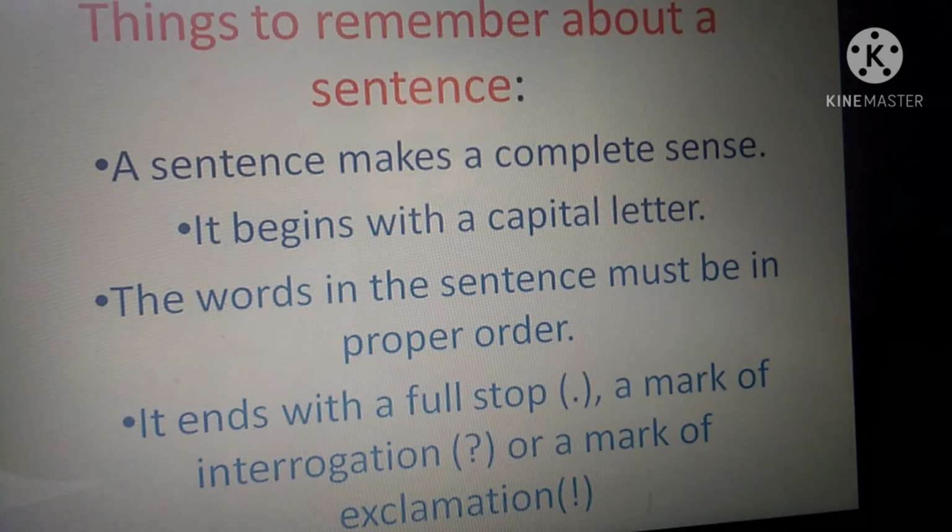Fourth, it ends with a full stop, a mark of interrogation, or a mark of exclamation. At the end of the sentence, you always place these punctuation marks, depending on the sentence. If it is a question, then an interrogation mark, or a mark of exclamation or an exclamatory mark.